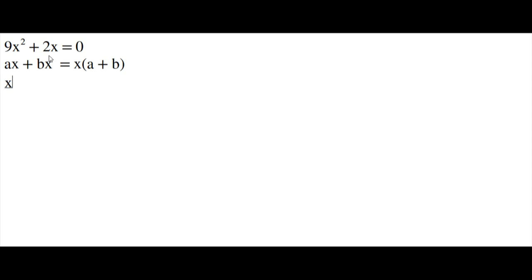So in this case, it's x times 9x plus 2, and that equals 0. So right here you have it a little bit more simple. So what could you apply here that would equal 0?